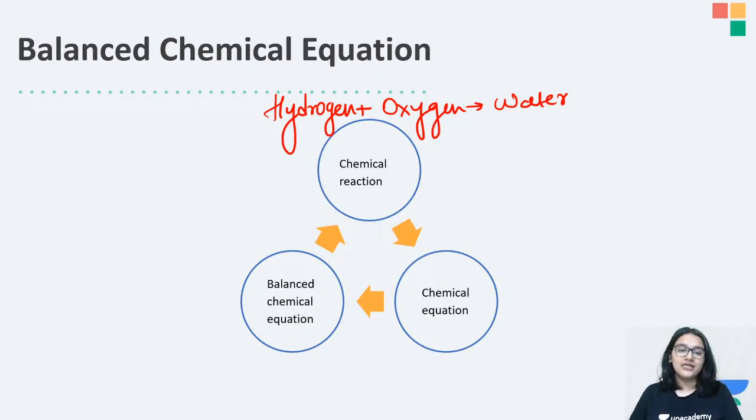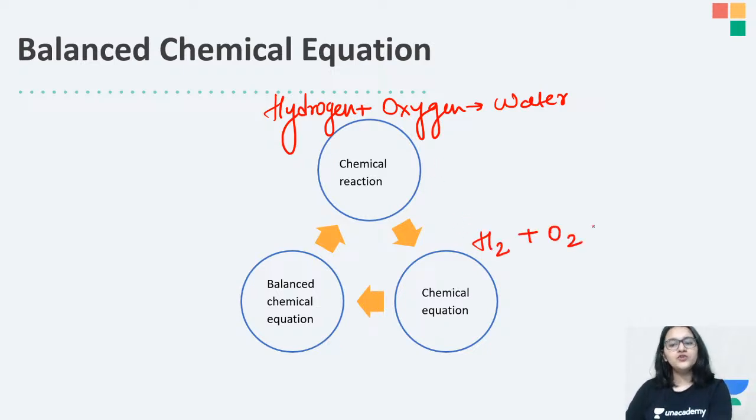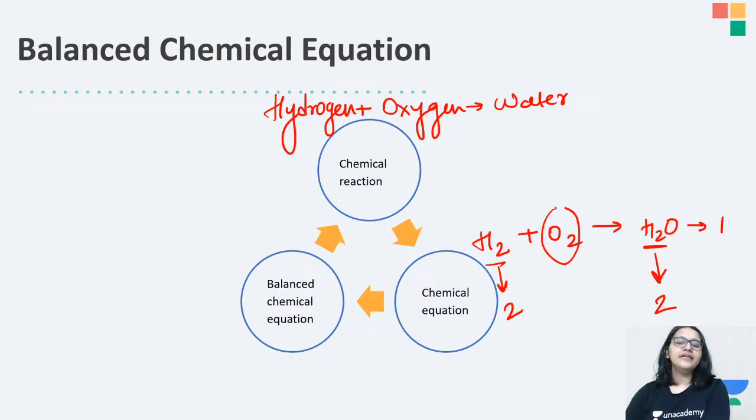No, it is not. And now when I write the same thing in the form of symbols, for example, H2 plus O2 giving me H2O, this is a chemical equation. But over here I have two hydrogens, over here also I have two hydrogens, but over here I have only one oxygen, but in the reactants I have used two atoms of oxygen, right?